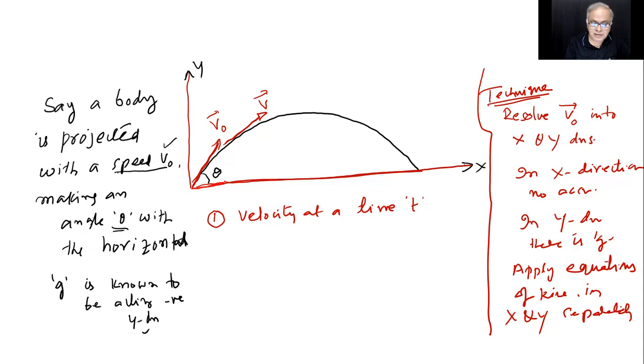This is my v0 cos theta. You all know the adjacent component is cos. This is v0 sin theta. So resolve initial velocity into components.